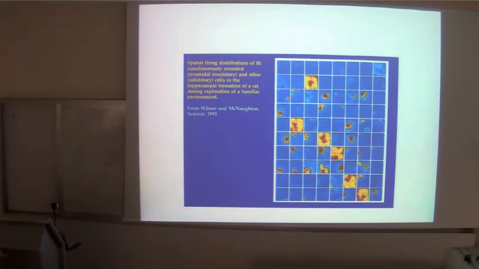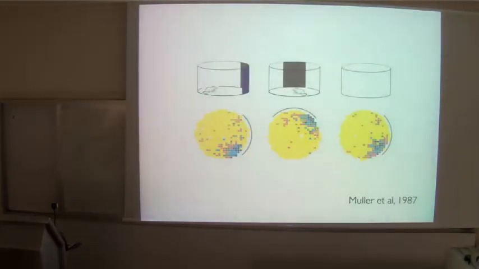Most of them in CA1, but also some in CA3. So the idea is that these neurons are encoding space. And then I don't know how many, 400 PhDs probably were done on that. You put a mouse in an arena. These are place cells.